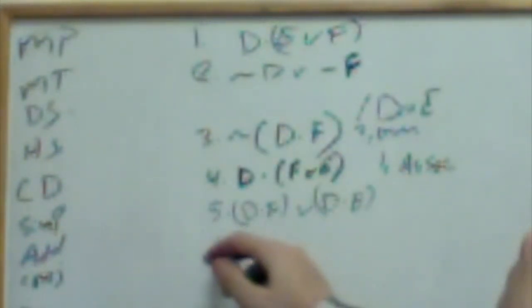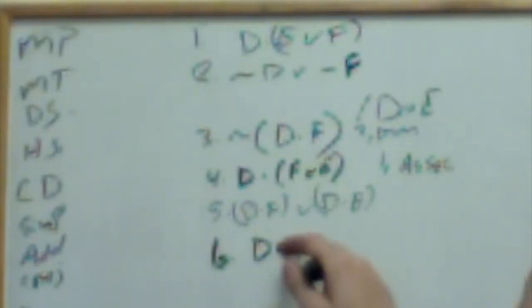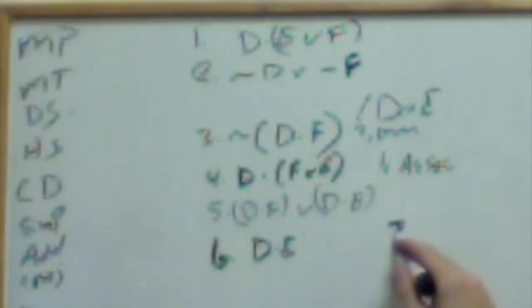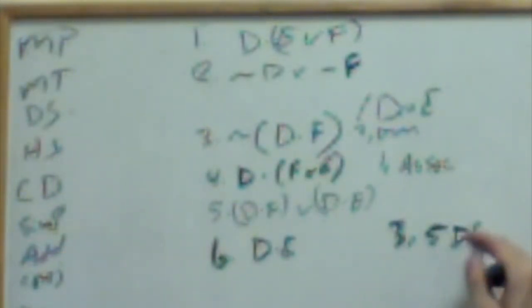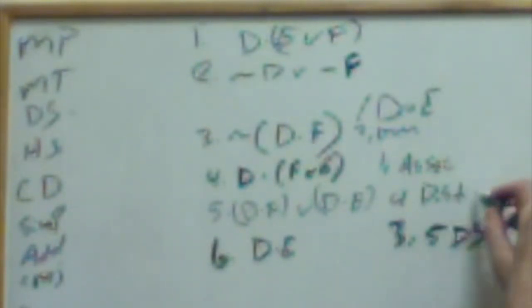We have tilde D dot F right there, and we have D dot F. So we can now use our disjunctive syllogism and get the conclusion that we want. So we can write D dot E, and we got that because lines 3 and 5 are disjunctive syllogism. And this one, I guess we should write that we got from line 4 by distribution.